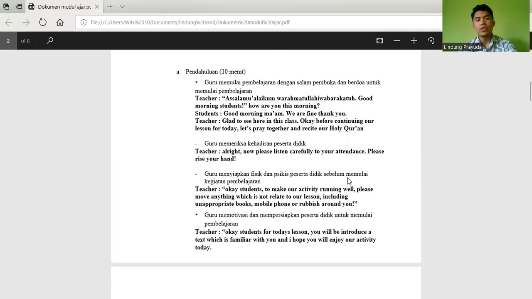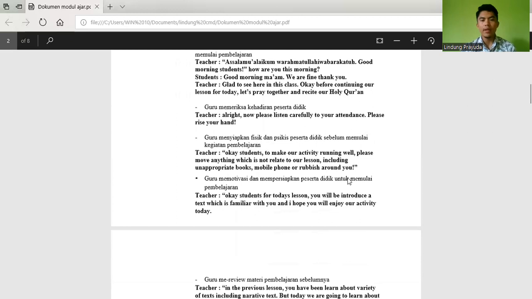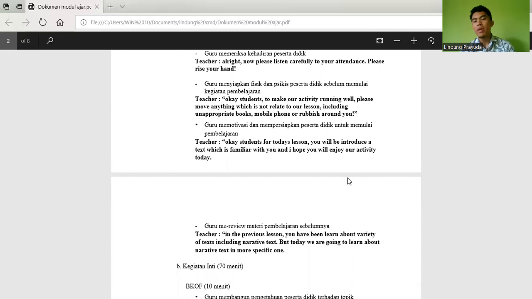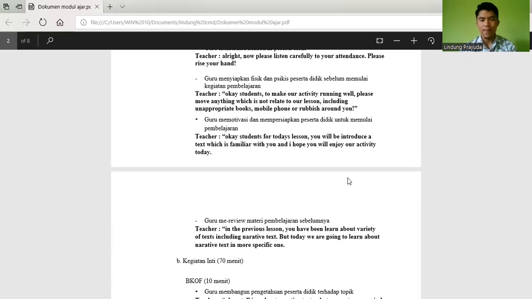And then the teacher tries to motivate and prepare the students to start the learning. The teacher also reviews the previous lesson, whether it relates to the ongoing topic or not, and activates the students' memory before starting the lesson.